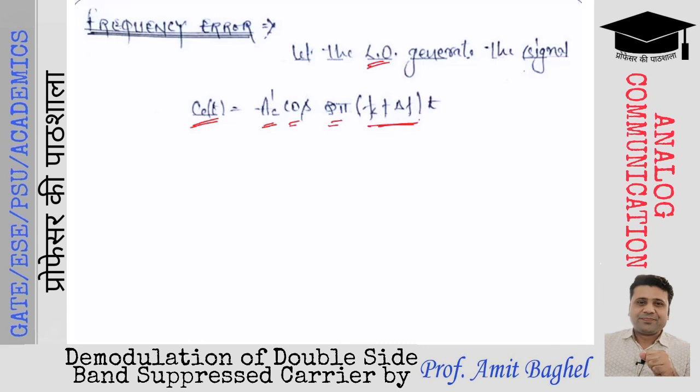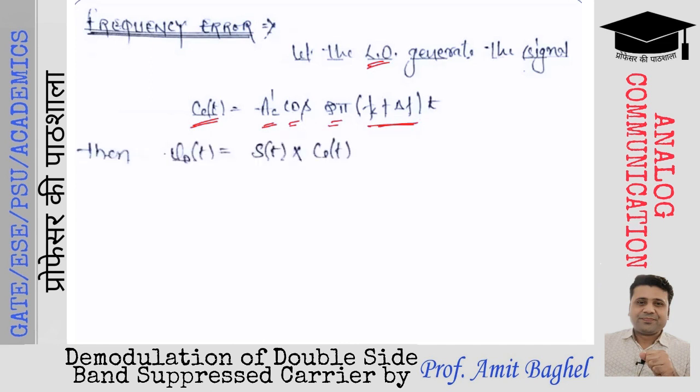Del f may be a positive value or it may be a negative value. So it is not producing the exact carrier frequency at the receiver side. The local oscillator has a frequency error del f. So the mathematical expression will be Ac dash cos of 2 pi (fc plus del f) t.